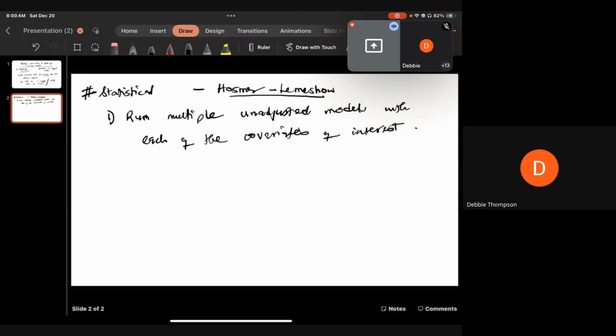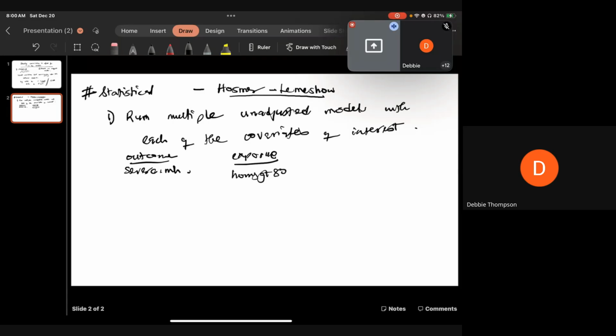So that means that if your outcome is severe mental illness, and this is the outcome, the exposure of interest is hours greater than 80.